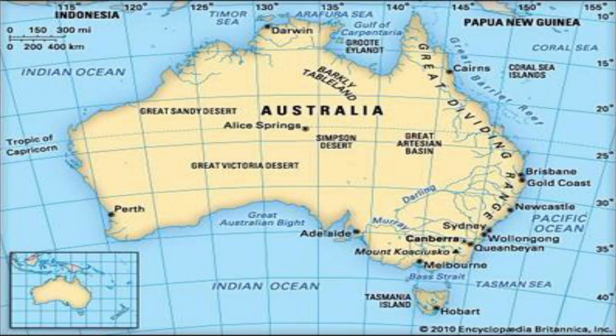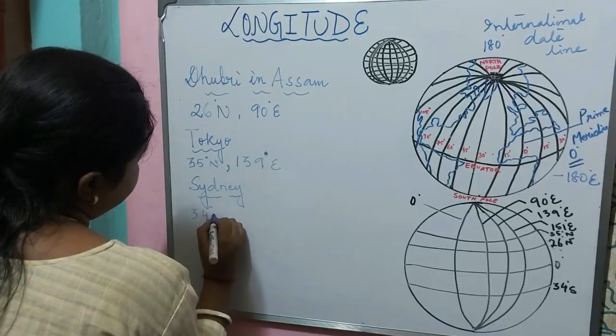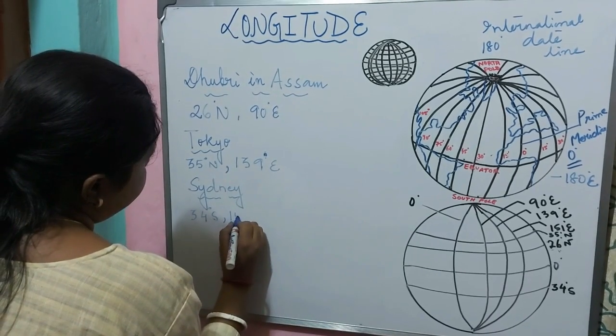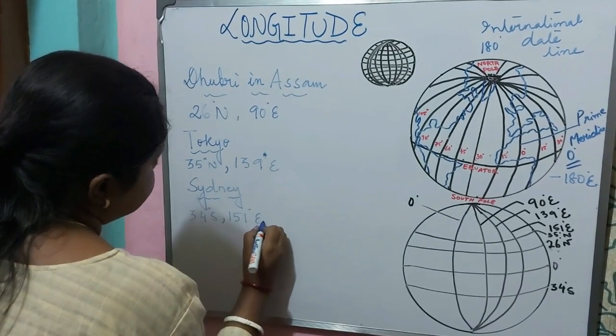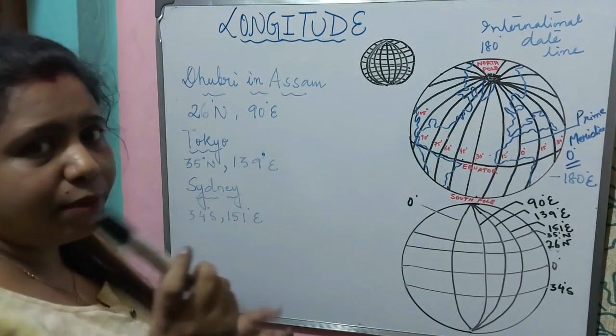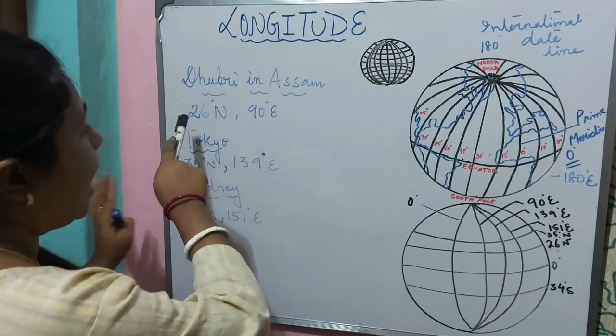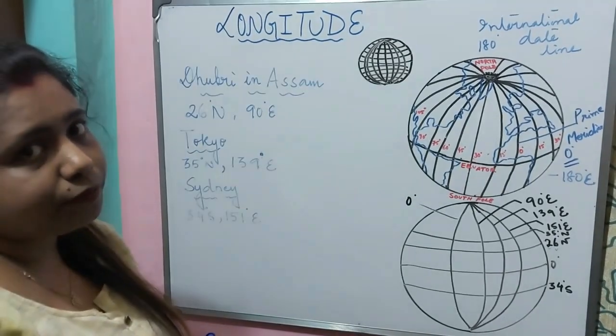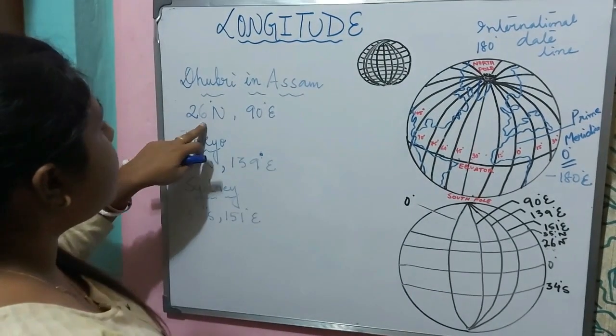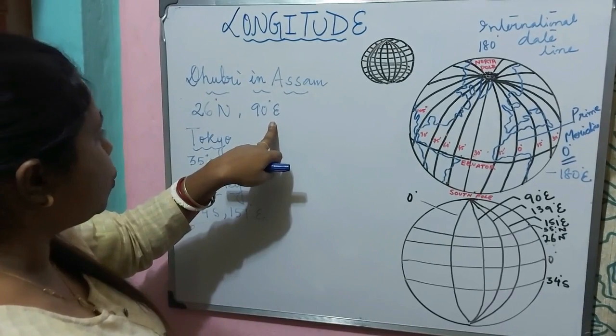Sydney is 34° south and 151° east. Now, can you tell me which are the latitudes and which are the longitudes? Okay, so these are the latitudes and these are the longitudes.